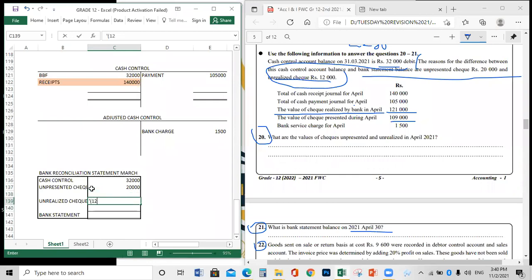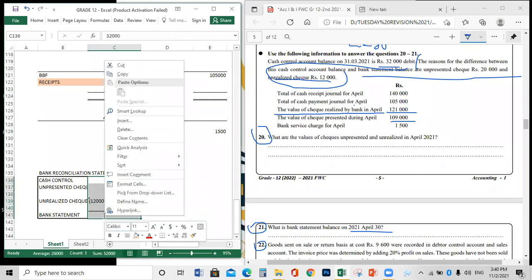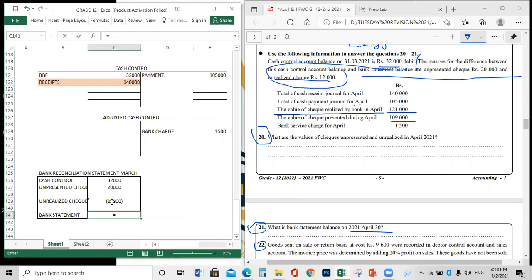So unpresented should be added, unrealized is deducted. Now you can find your opening bank statement balance. Opening bank statement balance is 40,000. Cash control opening balance is 32,000, and opening bank statement balance is 40,000.